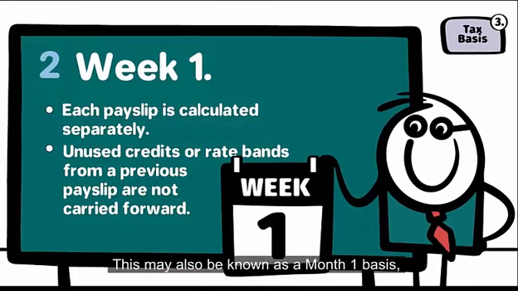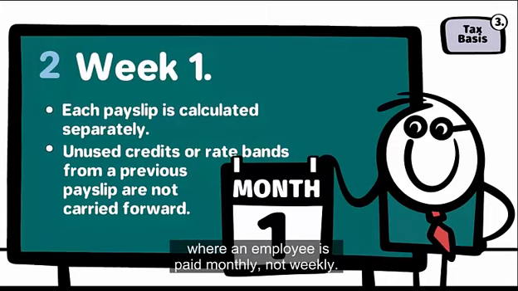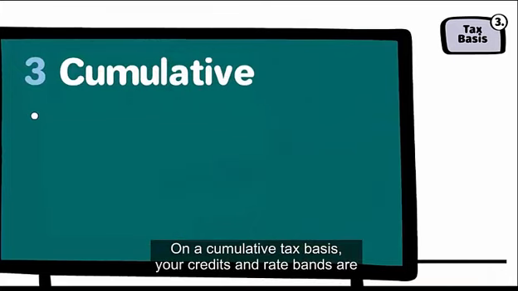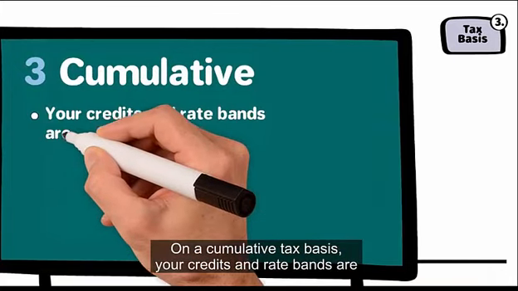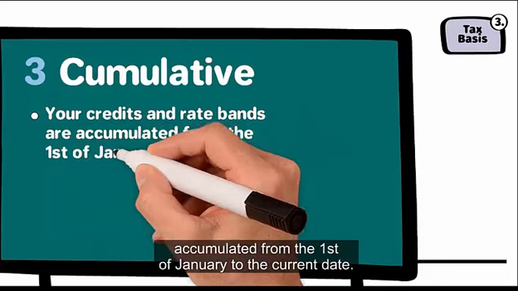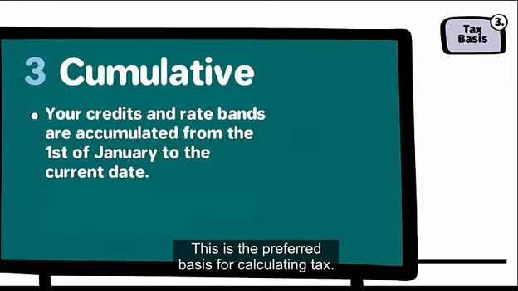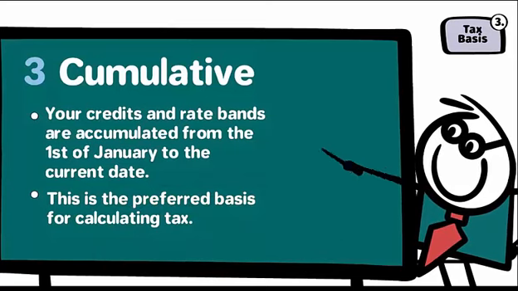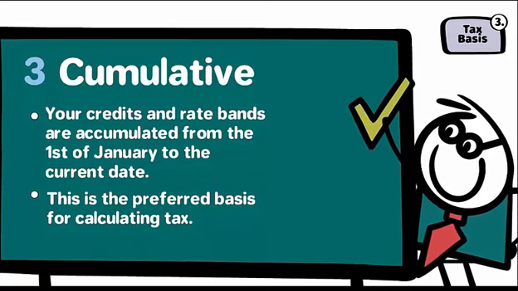This may also be known as a month 1 basis, where an employee is paid monthly, not weekly. Cumulative. On a cumulative tax basis, your credits and rate bands are accumulated from the 1st of January to the current date. This is the preferred basis for calculating tax.